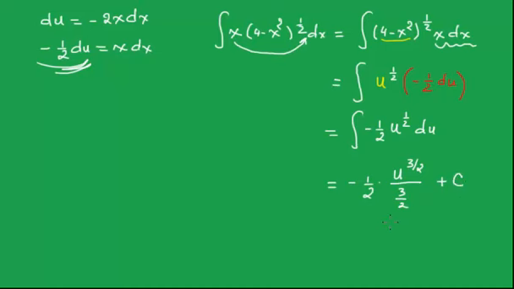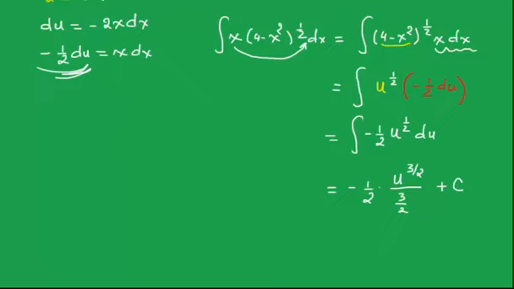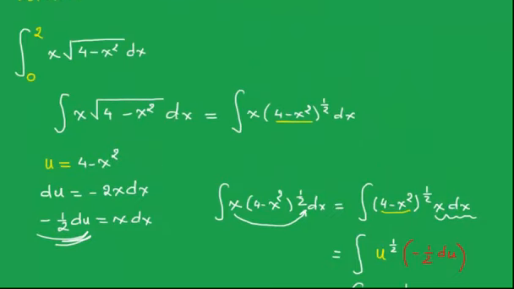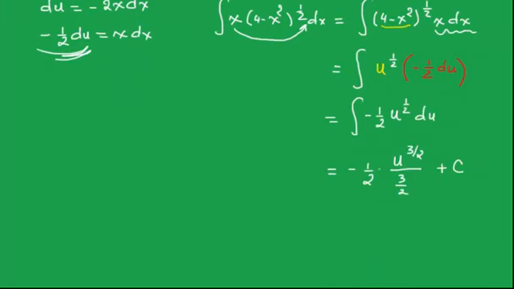The reason why I say normally is because the original integral here is a definite integral. That means we have lower and upper bounds, so we're going to discard the c. Whenever we have a definite integral, we don't need to deal with the constant of integration. It's only when we have an indefinite integral that we need to worry about it.